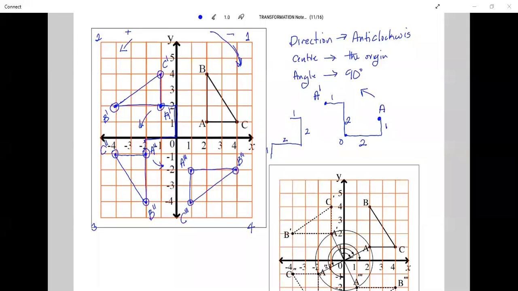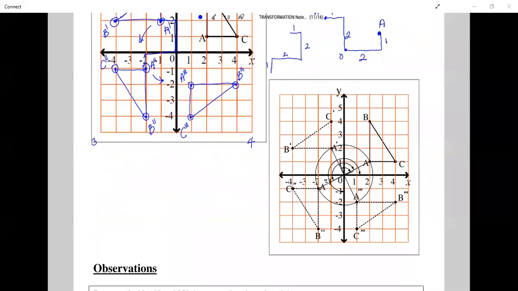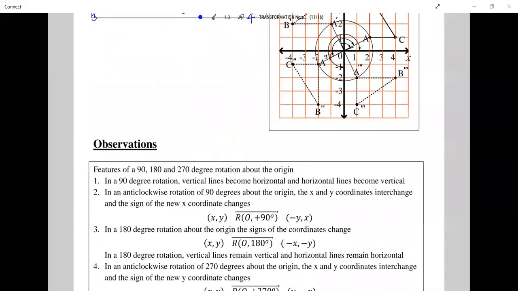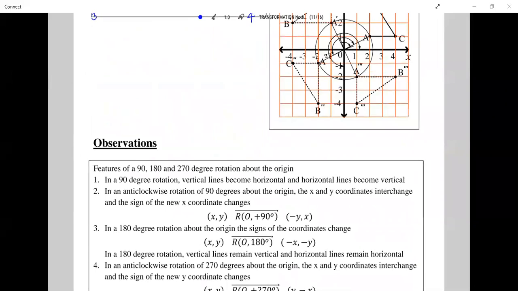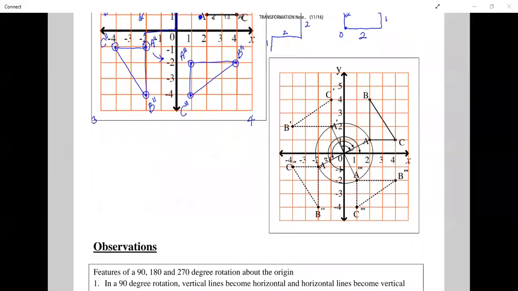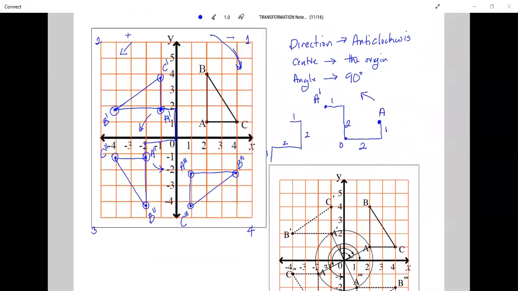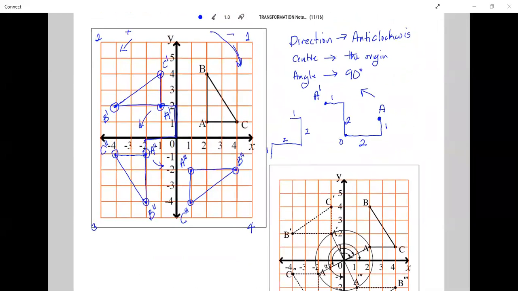All right, so lastly, on the rotation are some observations that we made from looking at the different types of rotation. You'll note that in the 90-degree rotation, the point A, which is (2, 1), became A prime, which is (-1, 2).